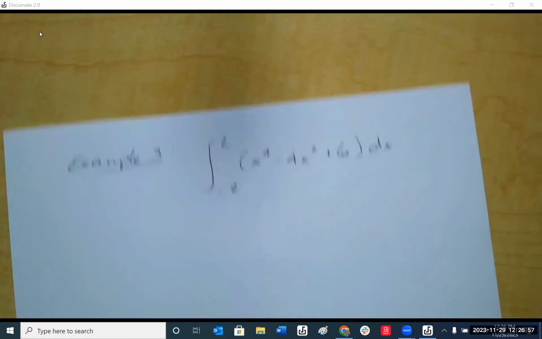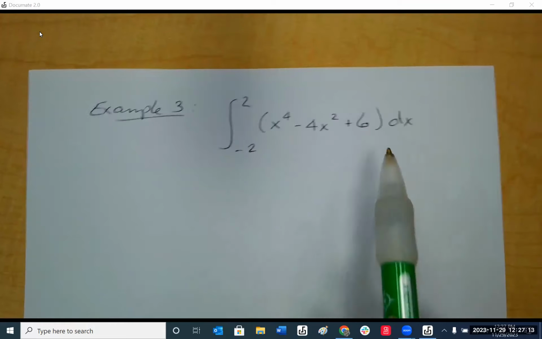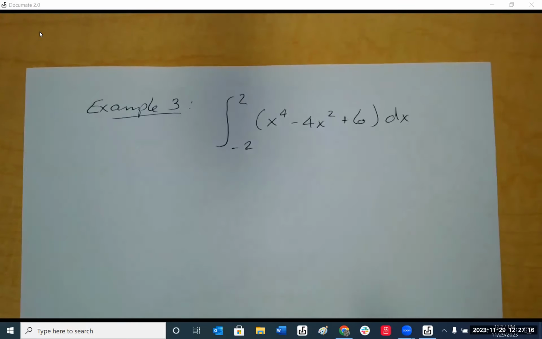So from algebra, is this an odd, even, or neither function? And why? Why is it even? Yeah, but there's a constant. Does that change anything?